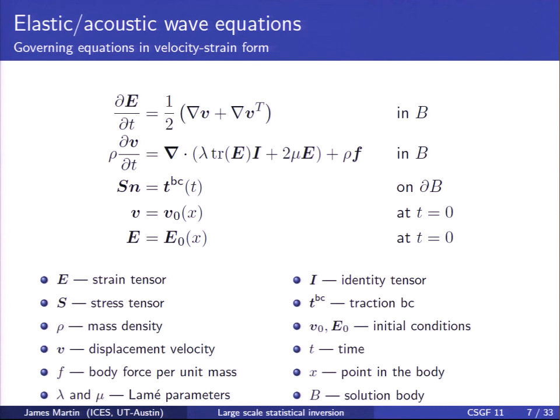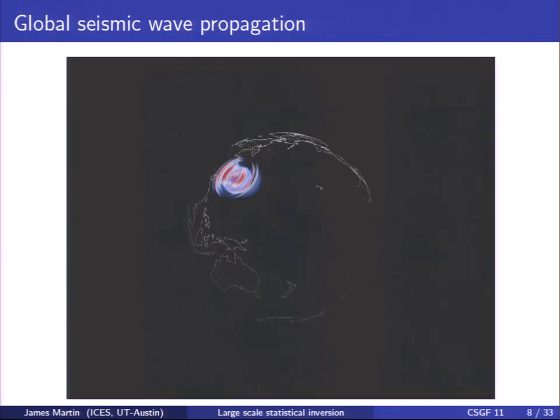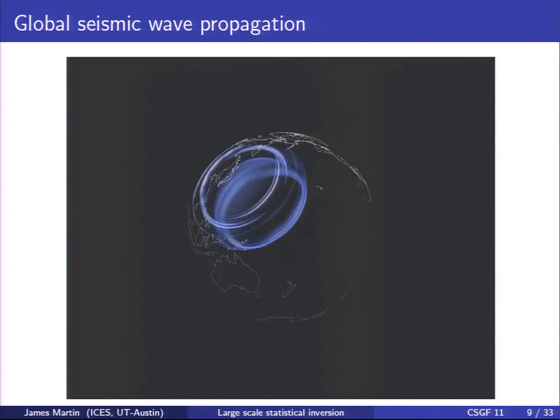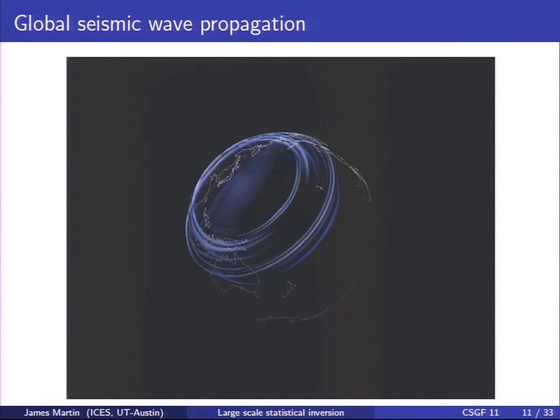The likelihood model is based on the elastic-acoustic wave equation to propagate seismic information. If you note, the two Lamé parameters, lambda and mu, come as inputs to this equation. And then we can solve for the elastic strain and elastic velocity, which is what we will measure at seismometer locations at various points in the Earth. These are just some volume renderings of the forward solver. You can see as time goes on, seismic energy propagates through the Earth.